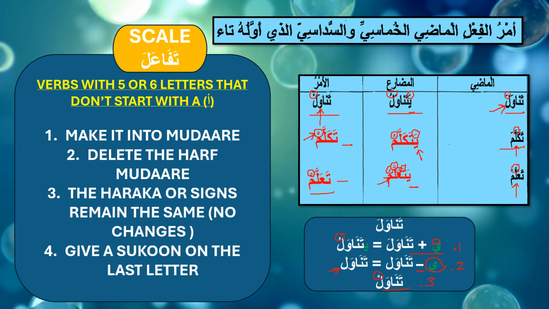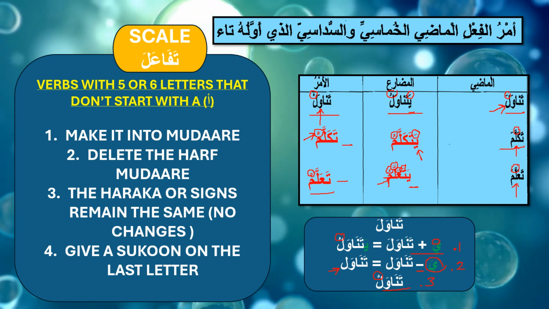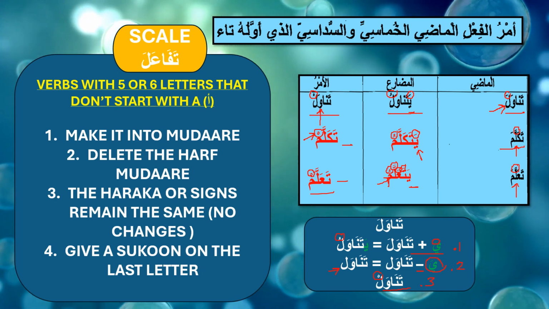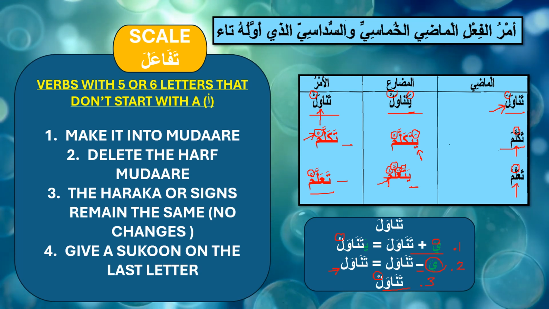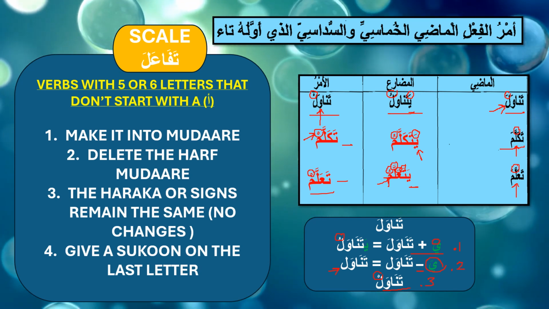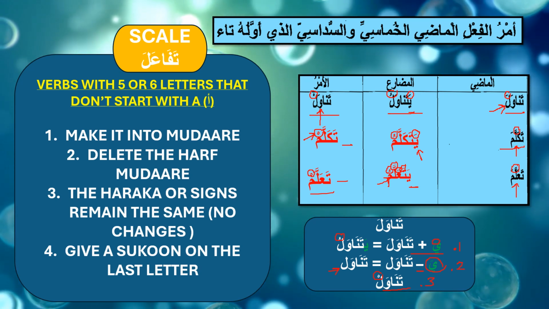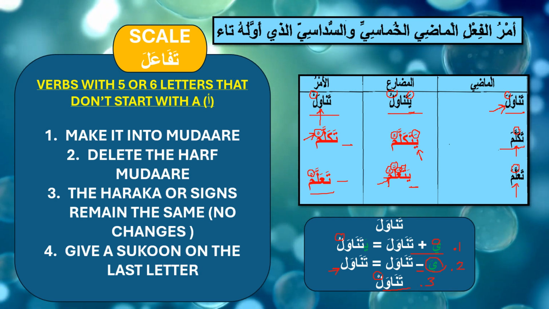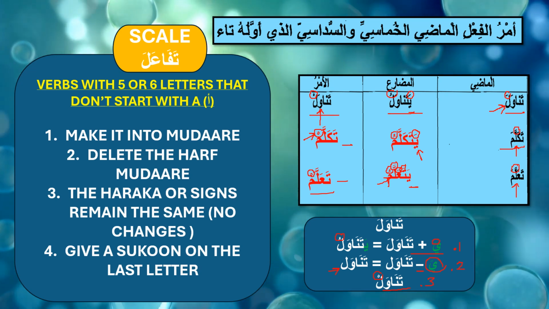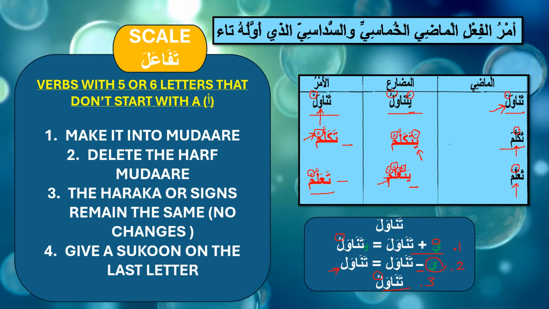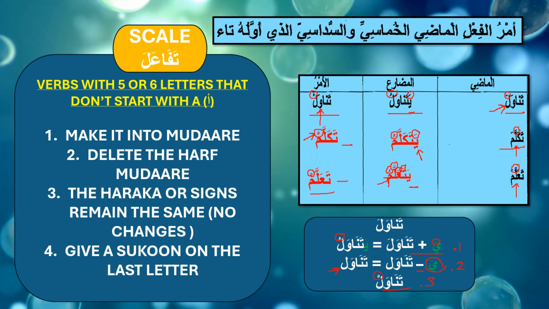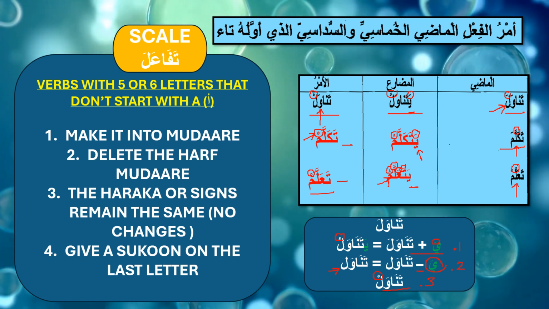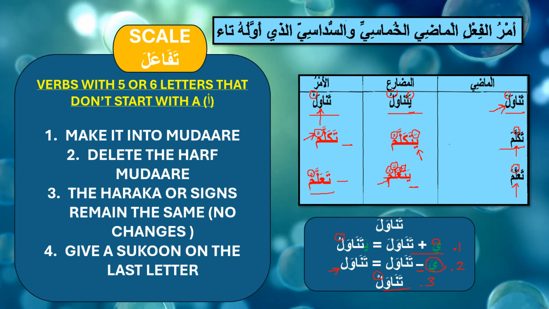So this is very easy. Whenever you come across the scale of tafa'ala, you should remember how to make the command. These are simple rules that you need to follow in order to make it into a command, and there are different rules in different scales. So you need to remember all these steps for the different scales.